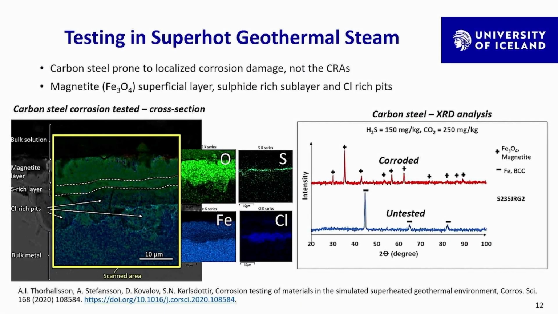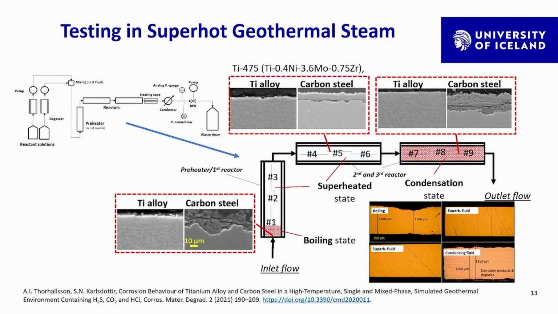But what's interesting is, for example, the structure of the corrosion layers that formed on the carbon steel, and this has been published in one of our papers here, where we actually see a sulfur-rich layer forming underneath the magnetite layer, which we commonly see in carbon steel exposed to these H2S CO2 conditions in high temperature geothermal environments. So that was interesting. So we did further studies.